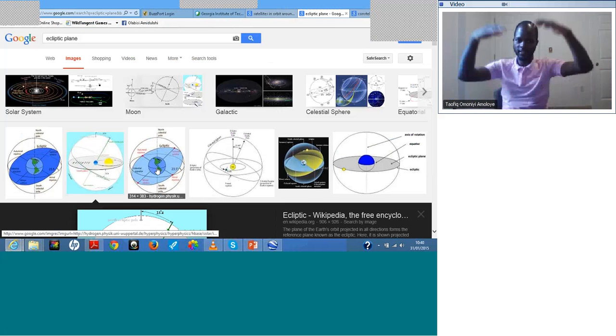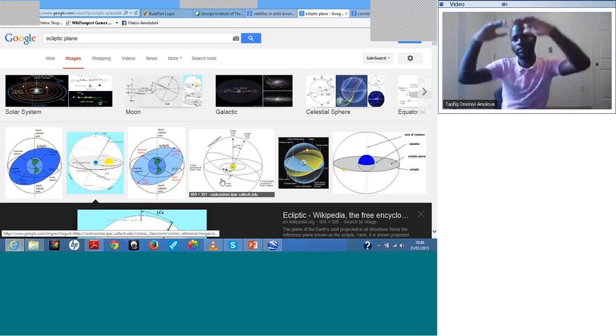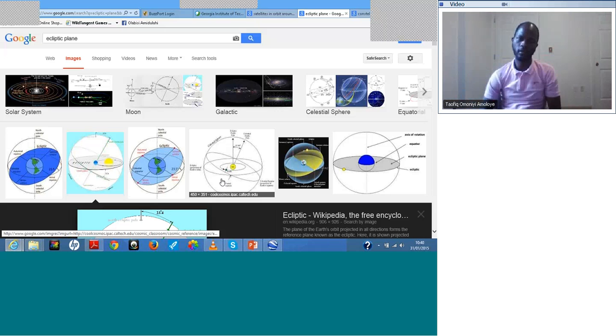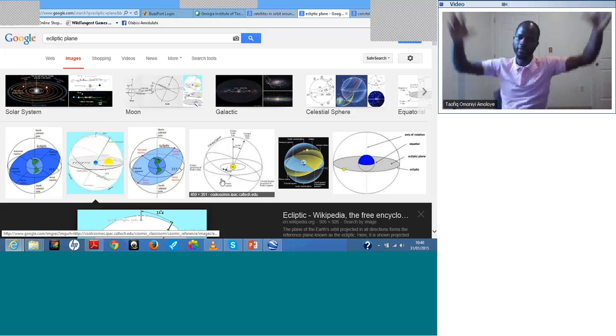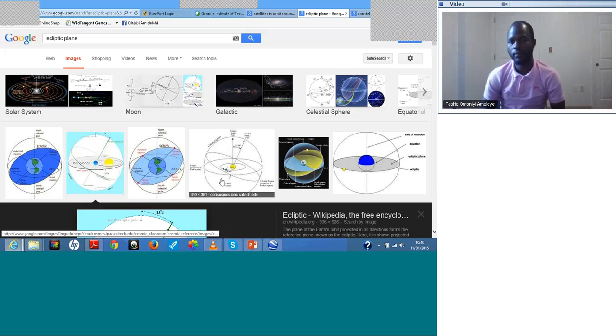So that's the celestial sphere, just like a huge giant sphere or ball covering the whole of the Earth, and everything is now located in that sphere.